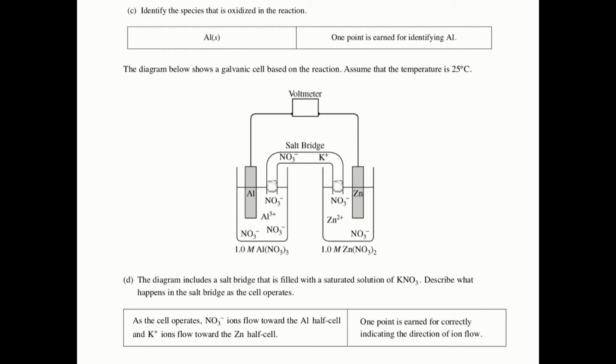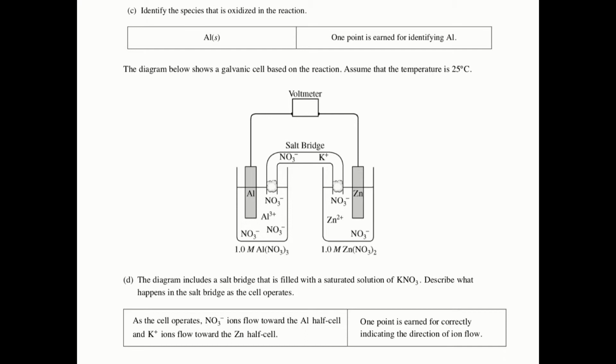Meanwhile, K+ is going to move into the cathode because Zn2+ is becoming solid zinc. So the mass of the zinc is increasing because it's being reduced. So K+ has to move into the cathode. NO3- moves into the aluminum half cell, while K+ moves into the zinc half cell.